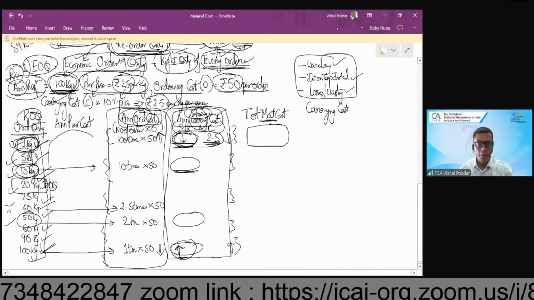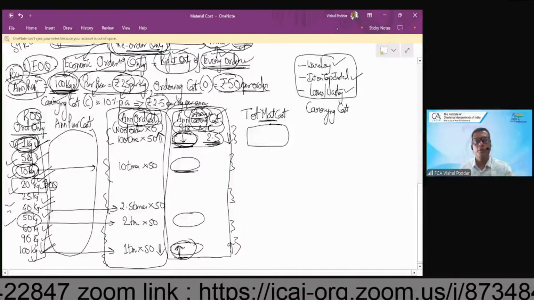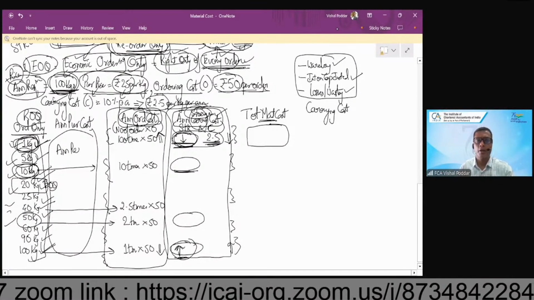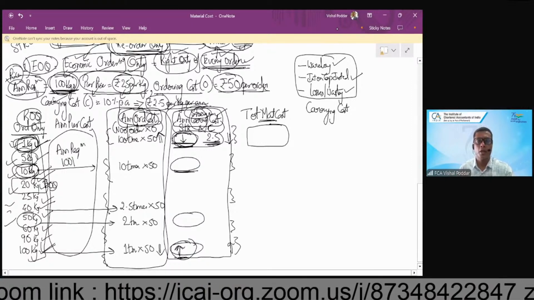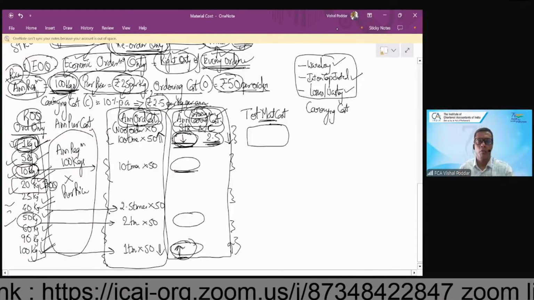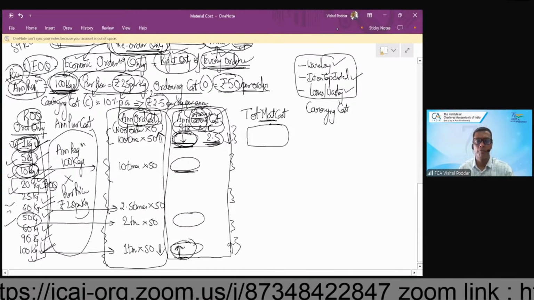Now, in all these options which I have written, my annual purchase cost will remain the same. Why? Because it is my annual requirement, which in my example is 100 kgs, multiplied by my purchase price, which in my example is rupees 25 per kg.